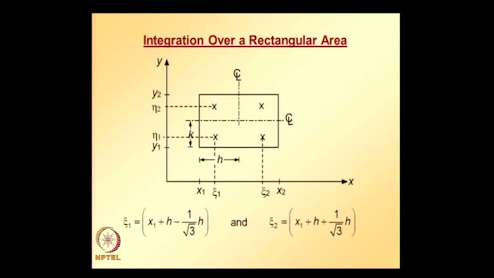So, psi 1 is given by x1 plus h minus 1 over root 3 times h, and psi 2 is x1 plus h plus 1 over root 3 times h, where h is half the dimension of the rectangular area along the x axis, and the corresponding weights at these 2 points are equal to h.